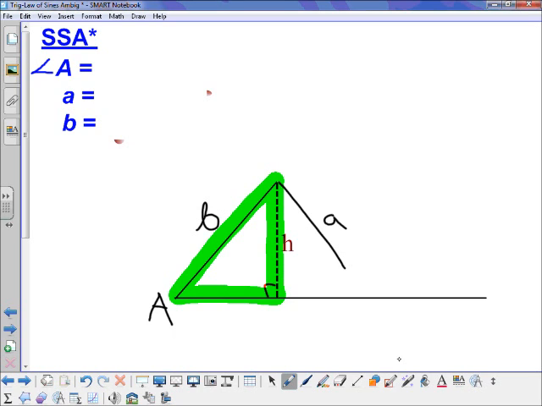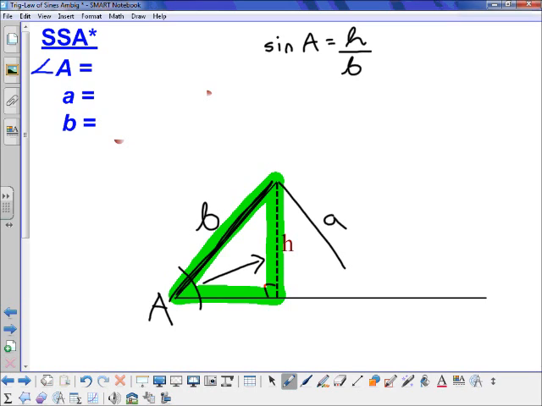Notice that since I'm only given one angle, h is opposite that angle if we always draw it this way, and b is the hypotenuse. So in other words, sine of the given angle A will equal height over that top side, which in this case is b.